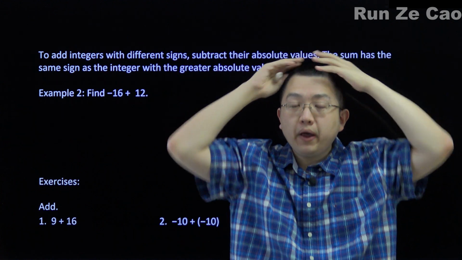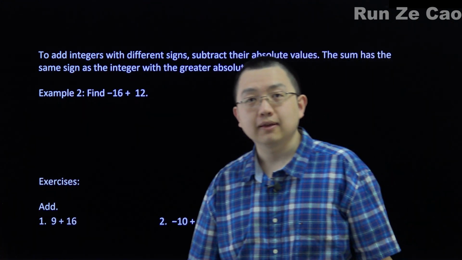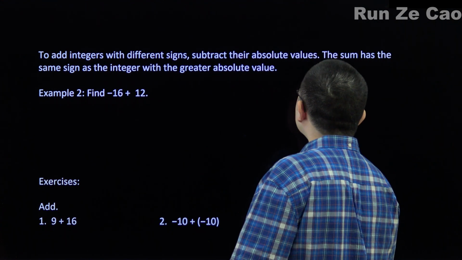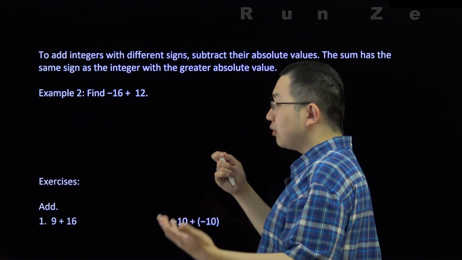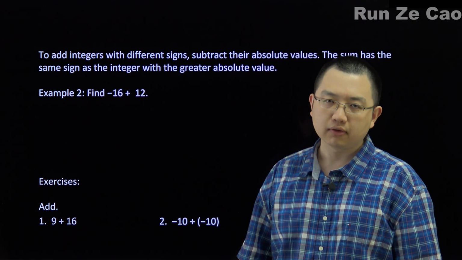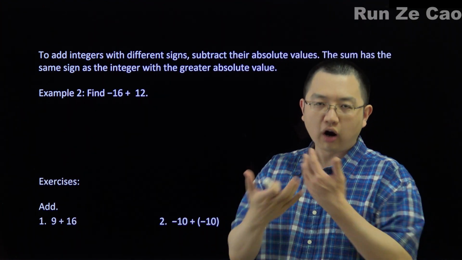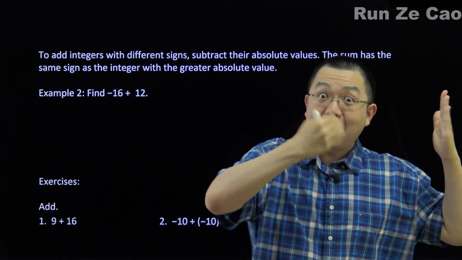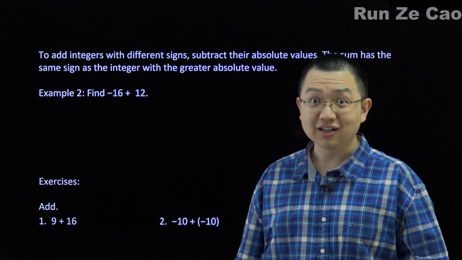There are better ways to think about this or to communicate how this works than to blab about absolute values. But this is, in fact, what actually happens. You are, in fact, subtracting the absolute values, because that's the part that cancels out, the subtraction.